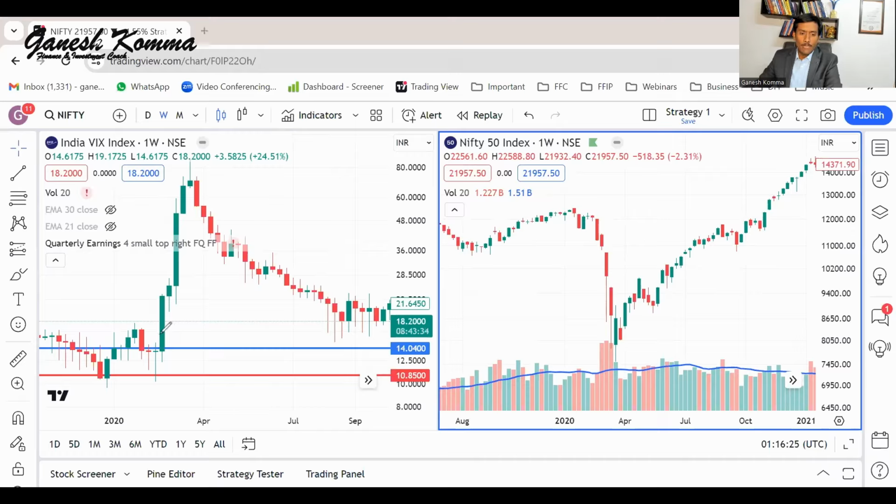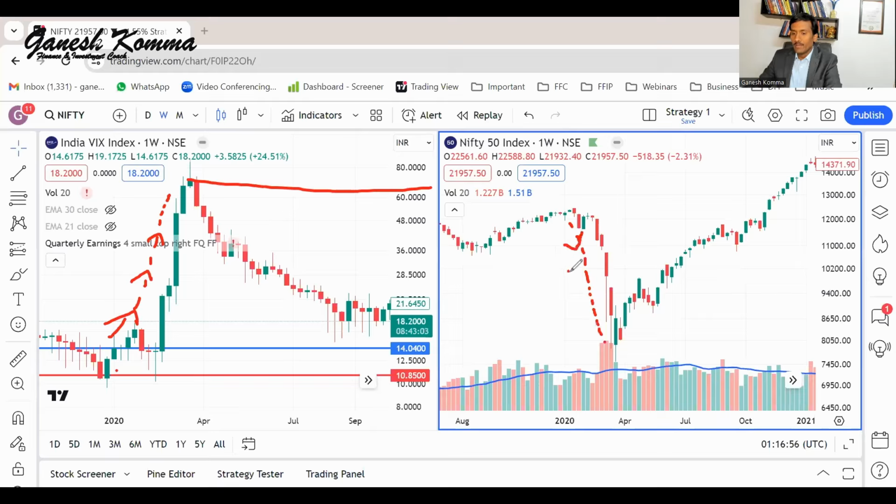First of all, during January, February 2020, we saw India VIX increasing. The volatility index increased above 18 levels, above 20 levels. It even touched a high of around 65 levels. During the same period, we saw Nifty 50 declining.